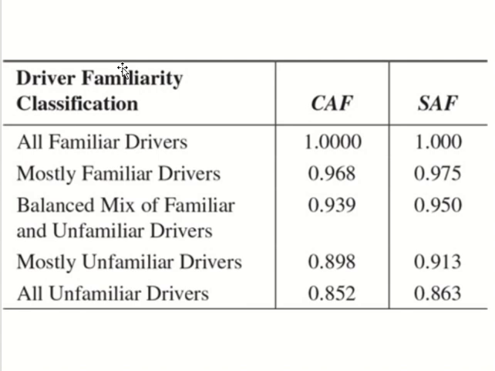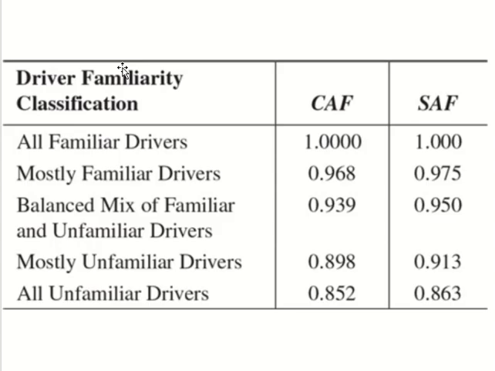It's like a subjective assessment. There is no number here for how many drivers are actually familiar or not familiar. It's a judgment, an opinion. According to you, how many drivers are familiar or non-familiar? A rough estimate. And then you can see the factor for capacity as well as the speed. Clear? Any questions?